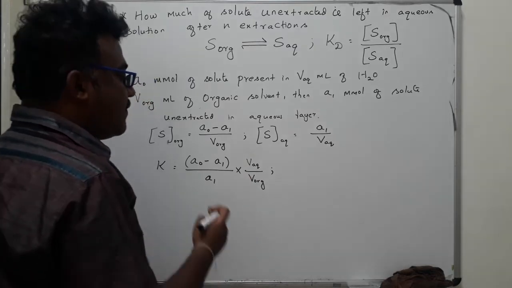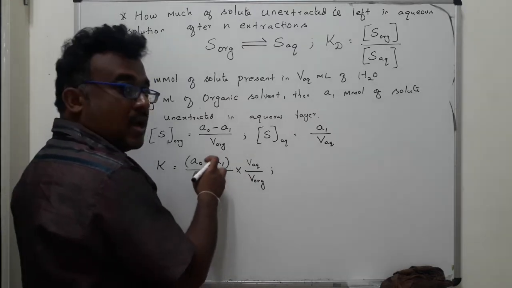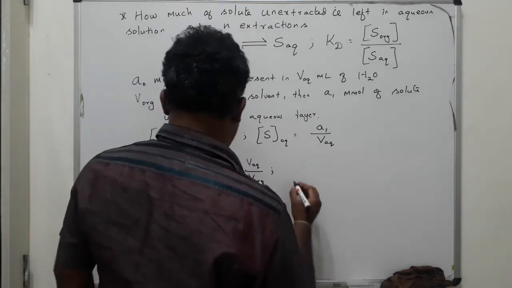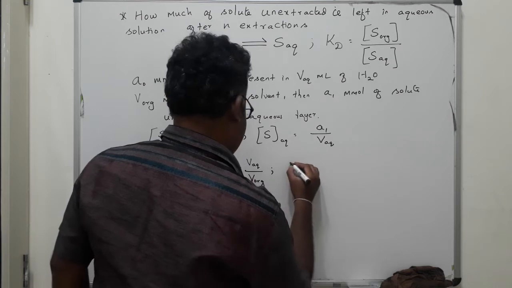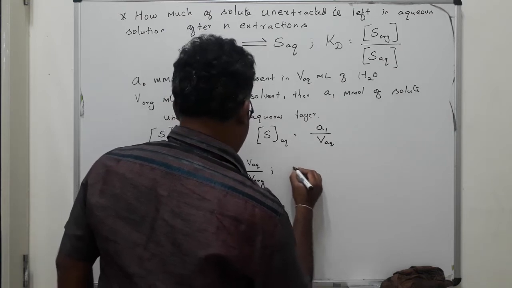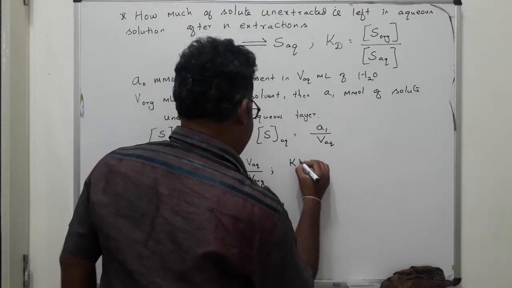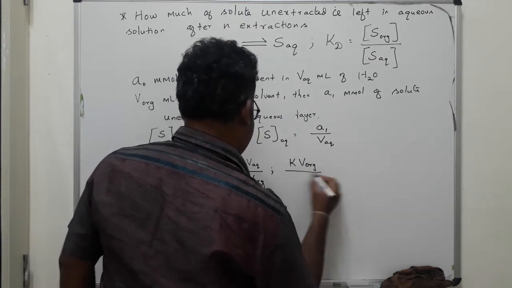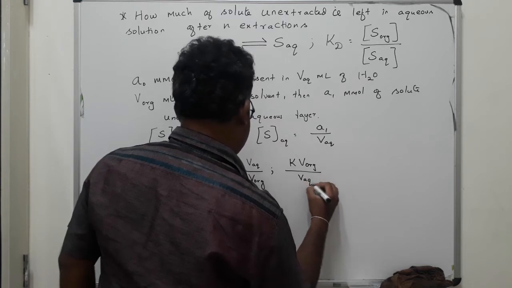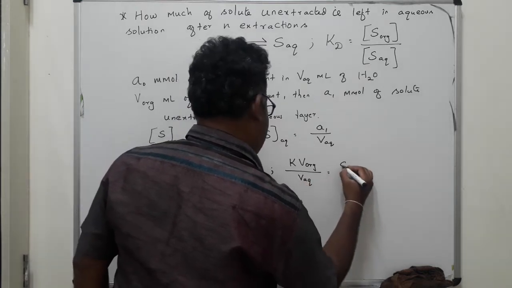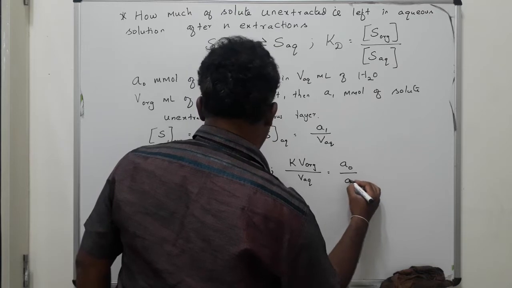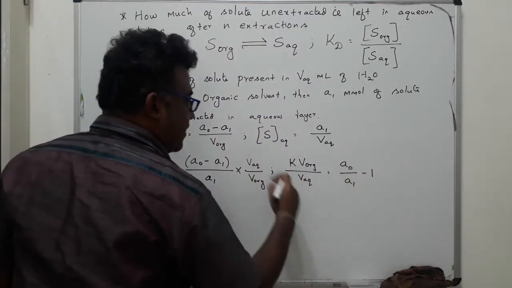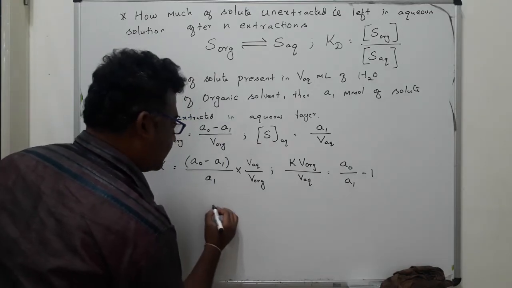So we have to modify this equation accordingly. K V organic divided by V aqueous is equal to A0 by A1 minus 1. This equation, if we modify again, what happens?